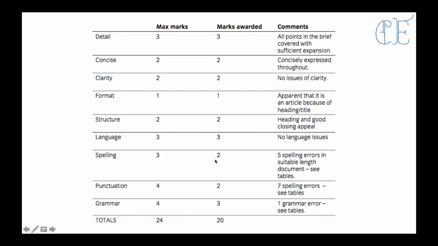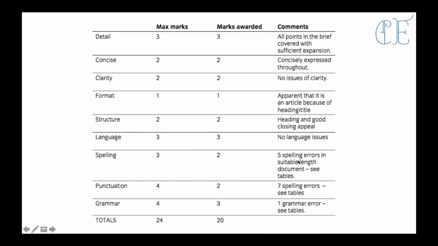Spelling, right, 2 marks out of 3. 5 spelling errors in suitable length document. See tables. Okay, don't worry about that last bit. But yes, there was 5 spelling errors, but still was awarded 2 marks out of 3. So, you could still probably get away with getting a really good grade, even with a few spelling errors. Punctuation, only got 2 out of 4 though, because he had 7 errors for punctuation.